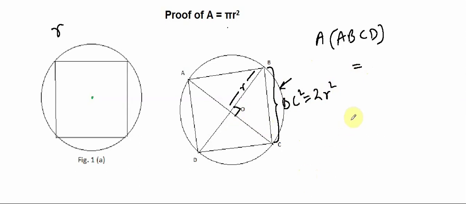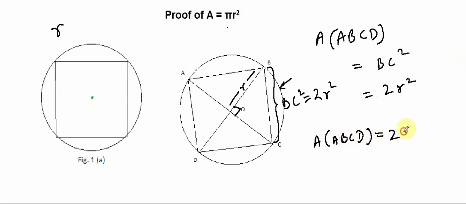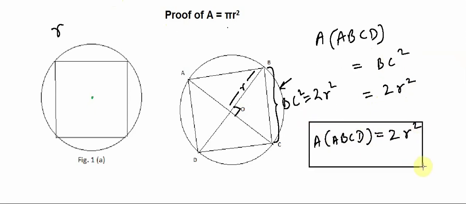So area of the square ABCD is side square, which is BC square, which is equal to 2r square. So this is the first iteration. So let me write this in a box. Area of the square ABCD is equal to 2r square.